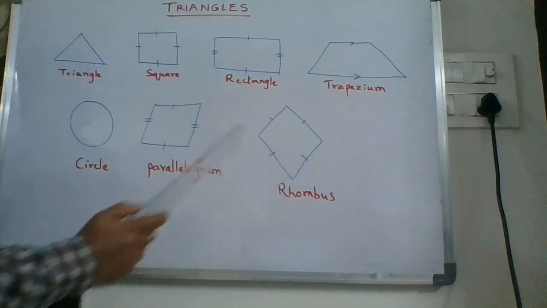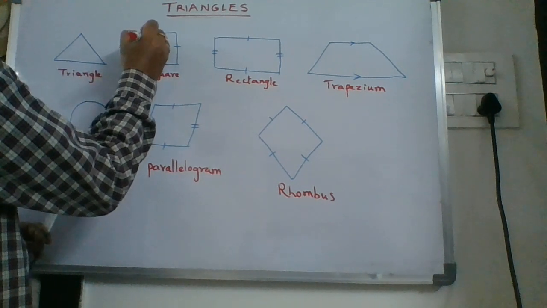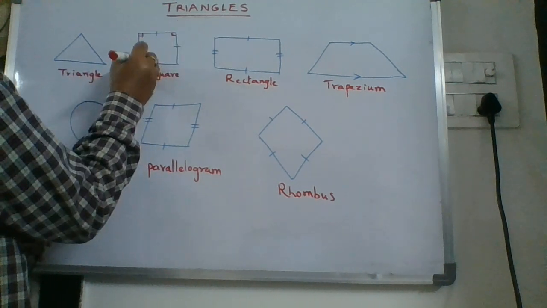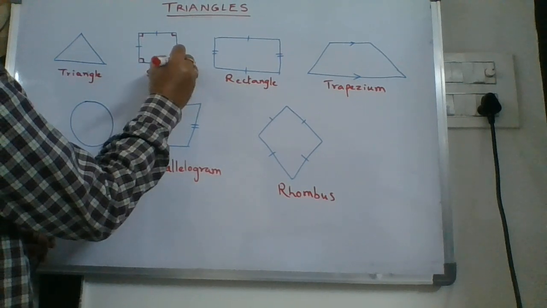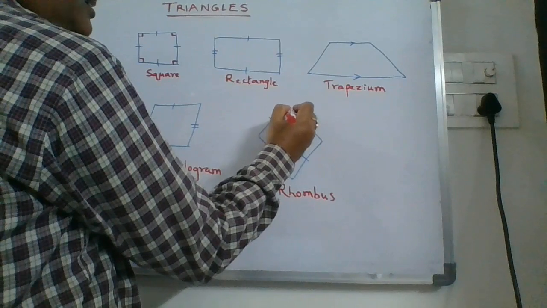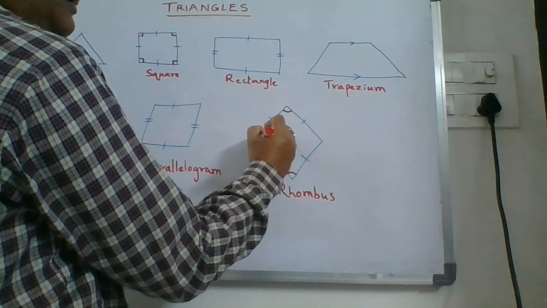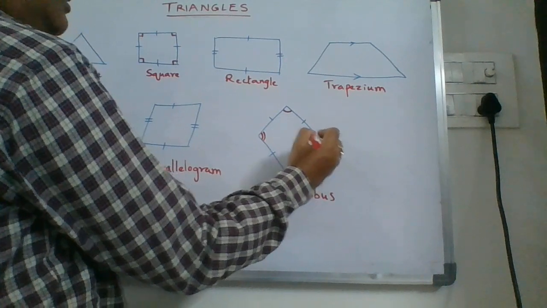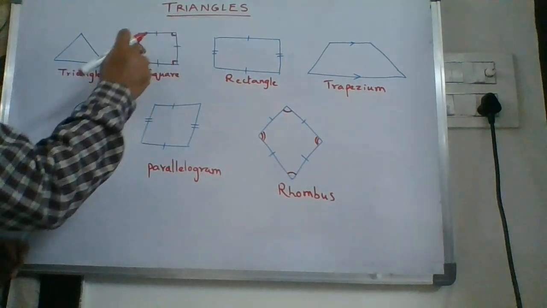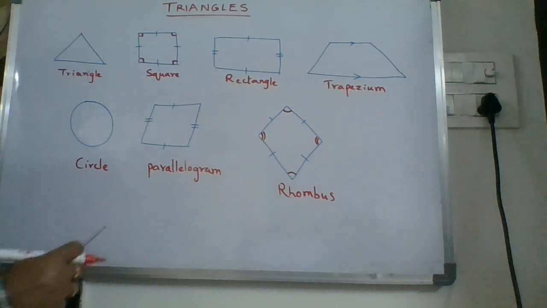In rhombus also the four sides are equal, but in a square all the four angles are equal to 90 degrees, whereas it is not compulsory in rhombus, but the opposite angles are equal, and the diagonals are equal in square, whereas diagonals are not equal in rhombus.